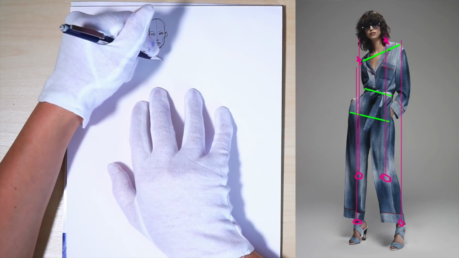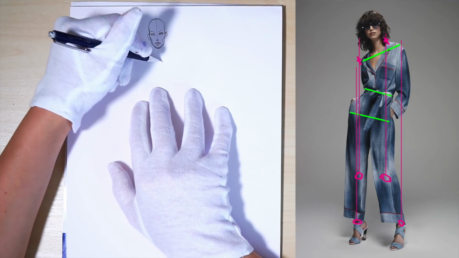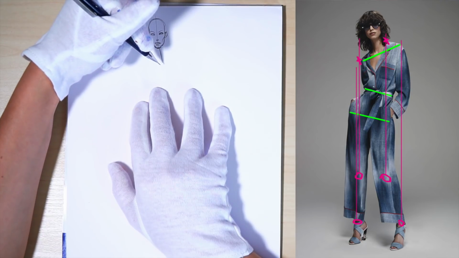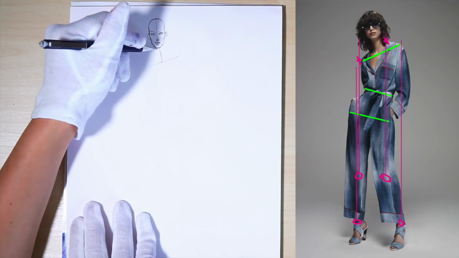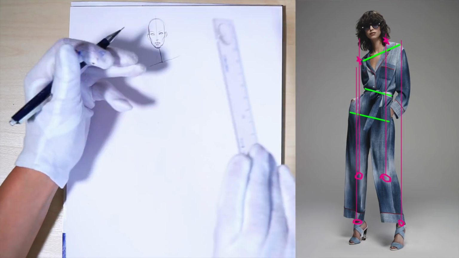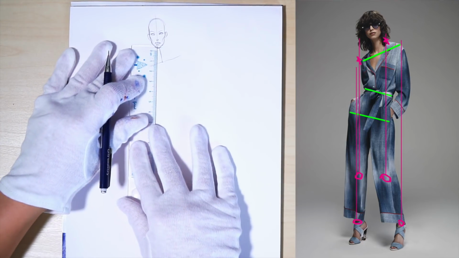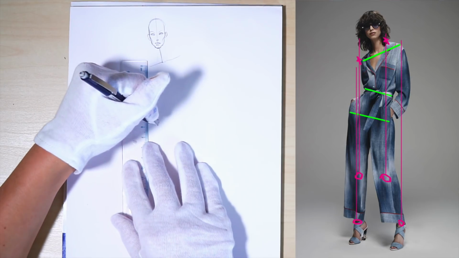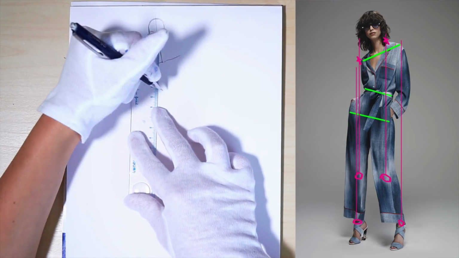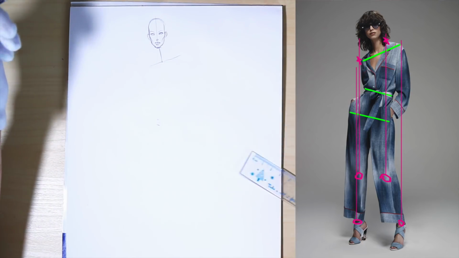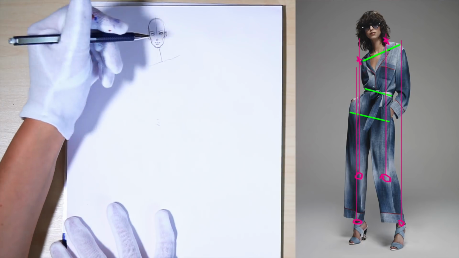So usually what is the distance to the shoulders, waist and hips? I usually draw the hips at 7 centimeters from her chin and her waist at 4.5 centimeters from her chin, and her shoulders around 1.5 centimeters. So I just calculate everything starting from the chin.